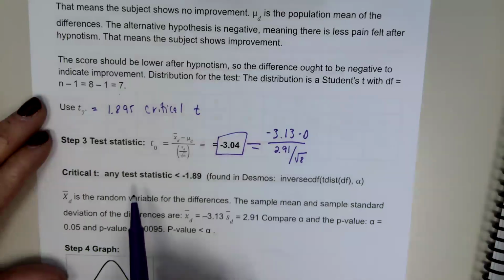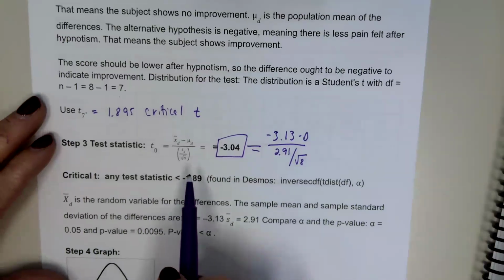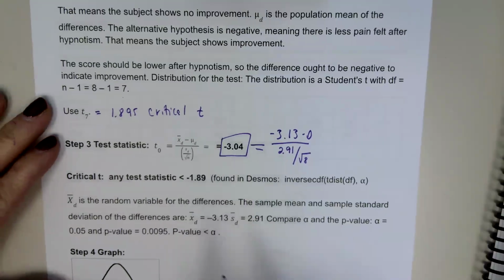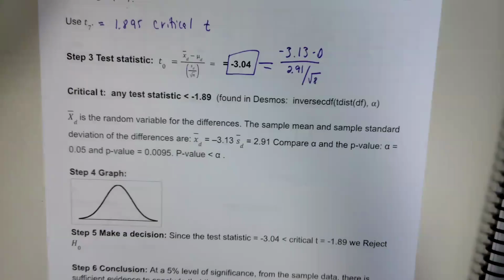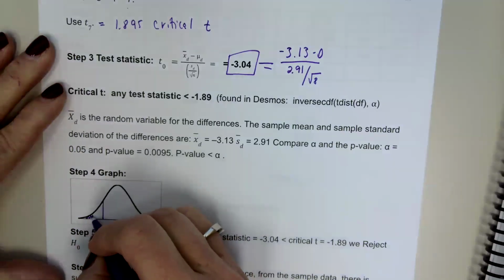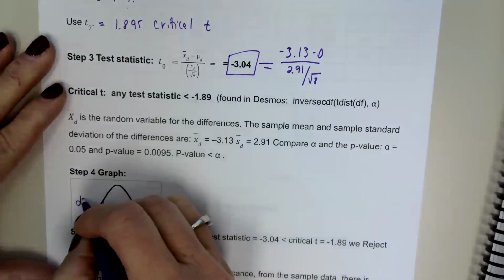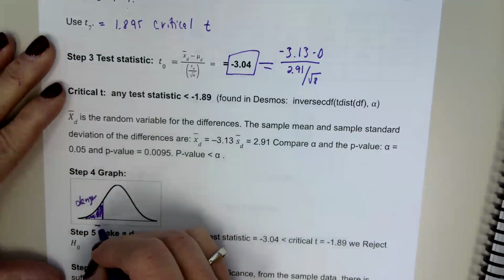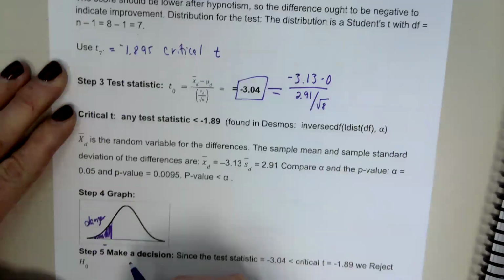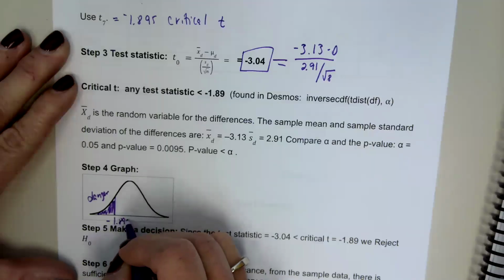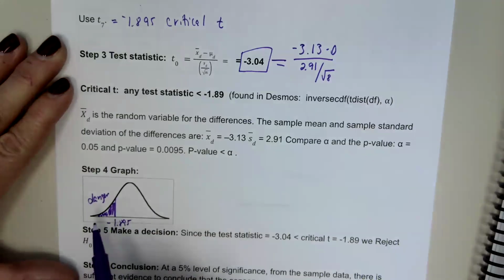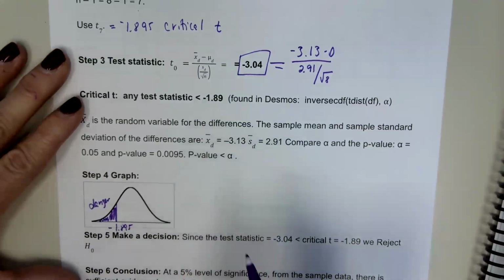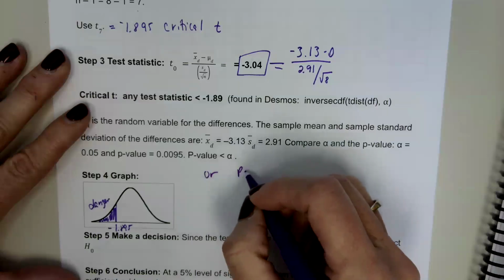And any test statistic that's less than a negative 1.89, our critical t-value, is going to be in the danger zone. And so that danger zone is right here. Remember, there's two ways of looking at it. Our test statistic is a negative 3.04. Anything in the danger zone is where we are going to reject, or we can look at the p-value.